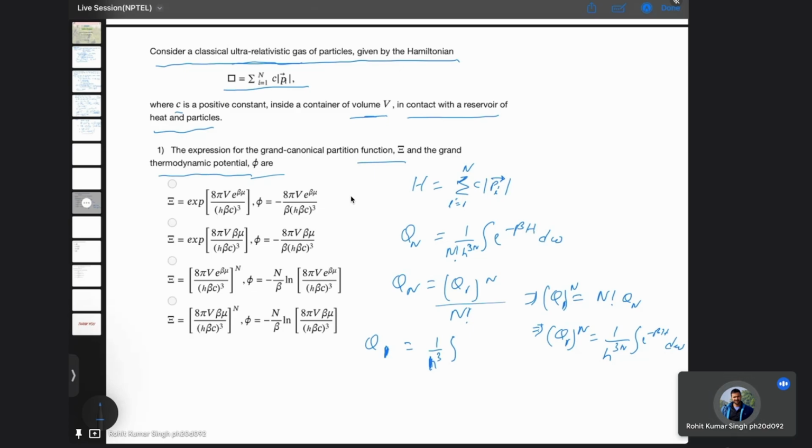And then you can take 1 by nth root of this, so it will be this, and then dw 1 over n. Okay.